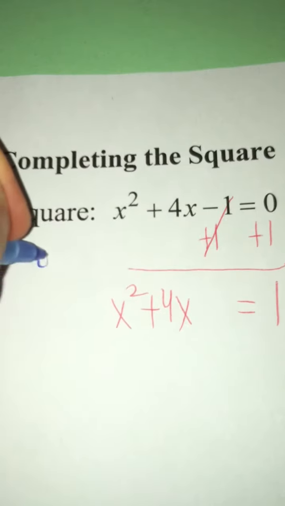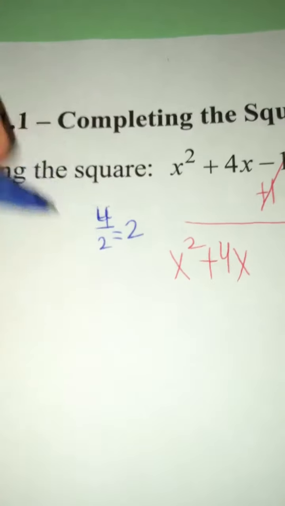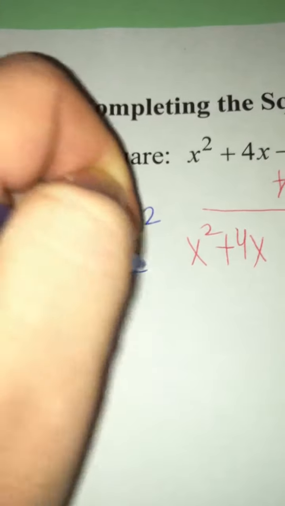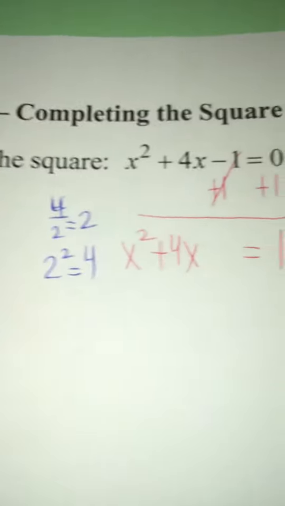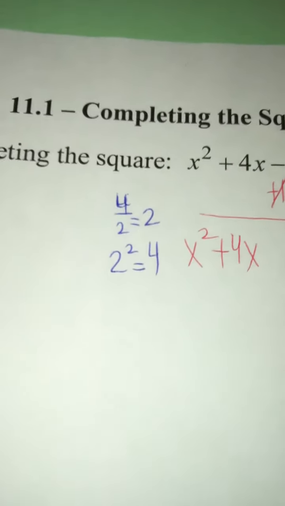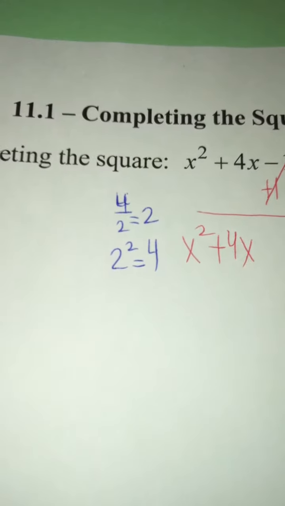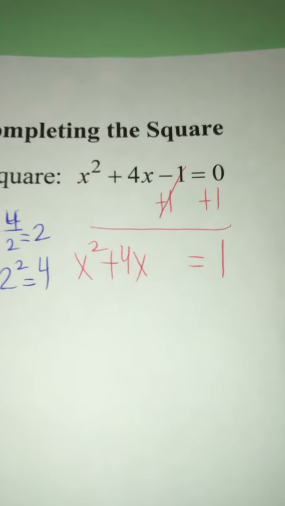So half of 4 is 2, and then we square 2 to get 4. What we do with this 4 is add it to here.